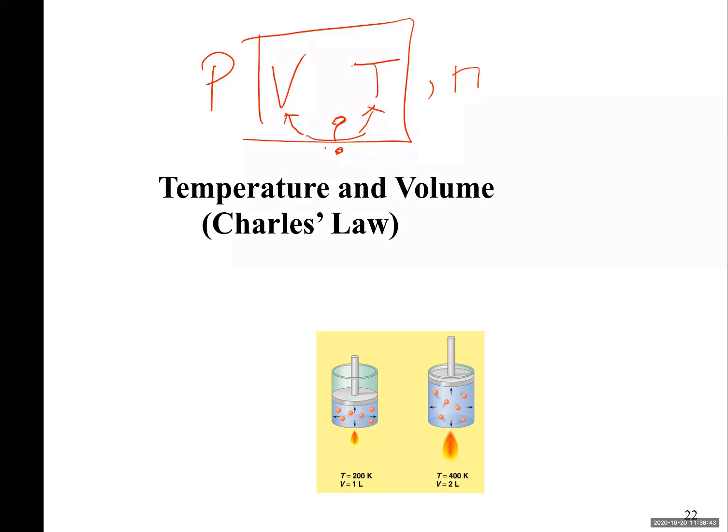Again, we are keeping 2 of the other parameters constant. In other words, we keep pressure constant, and we keep the number of moles, the amount of the gas, constant.